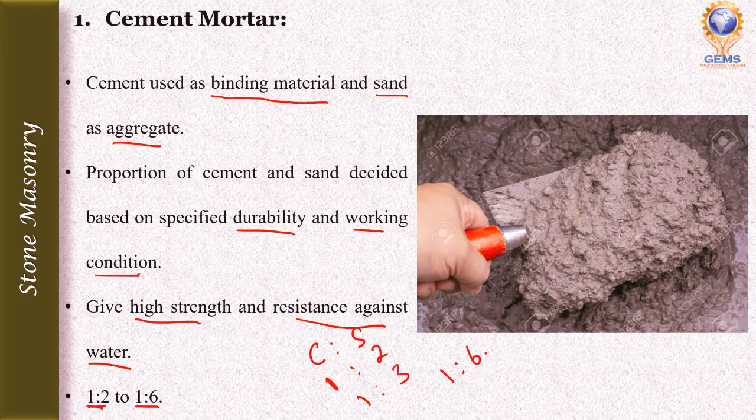If you are taking 2 parts of cement, you have to take 12 parts of sand. If you divide both sides by 2, the ratio will be 1 to 6. So the ratio will be 1 to 2 to 1 to 6. So this is cement mortar.